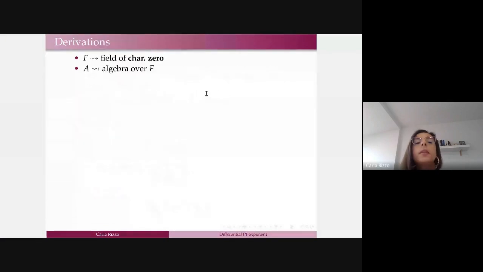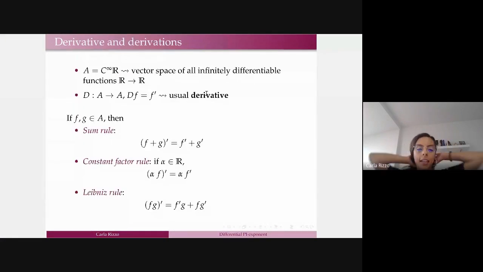Okay, now it's working. So we know that derivatives satisfy all these rules that tell us basically that the differential operator is a linear map that satisfies the Leibniz rule.